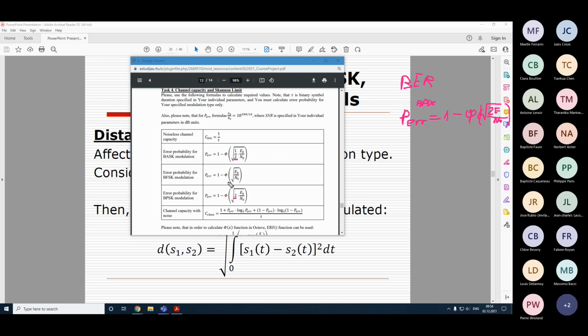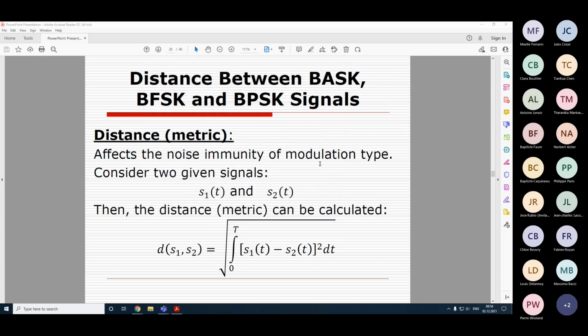So this is affected by the distance between these signals. We already probably showed you the geometrical representation that, for example, for amplitude shift keying, we draw it like one signal is 0, one signal is a vector. For frequency shift keying, these are orthogonal vectors, so the distance is greater than here. Yes.